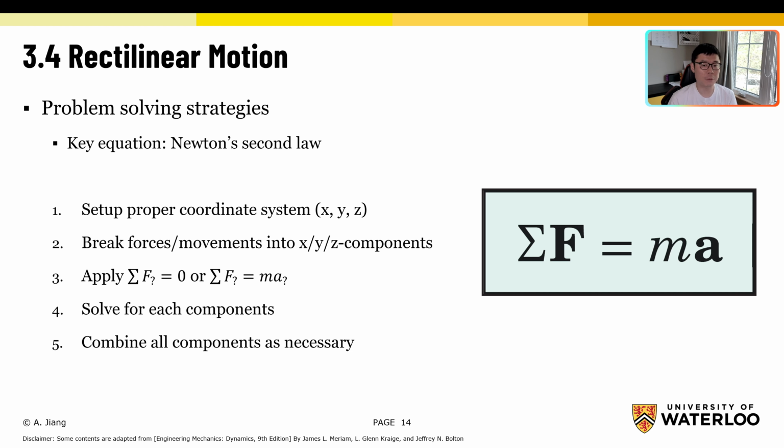Step 4, solve for each component, and number 5, finally combine all components as necessary, because sometimes you are asked what the velocity in the x direction is versus what the velocity is. Velocity means the overall velocity. Velocity in the x direction means vx. This is an exhaustive list. Follow them, and you won't miss anything.